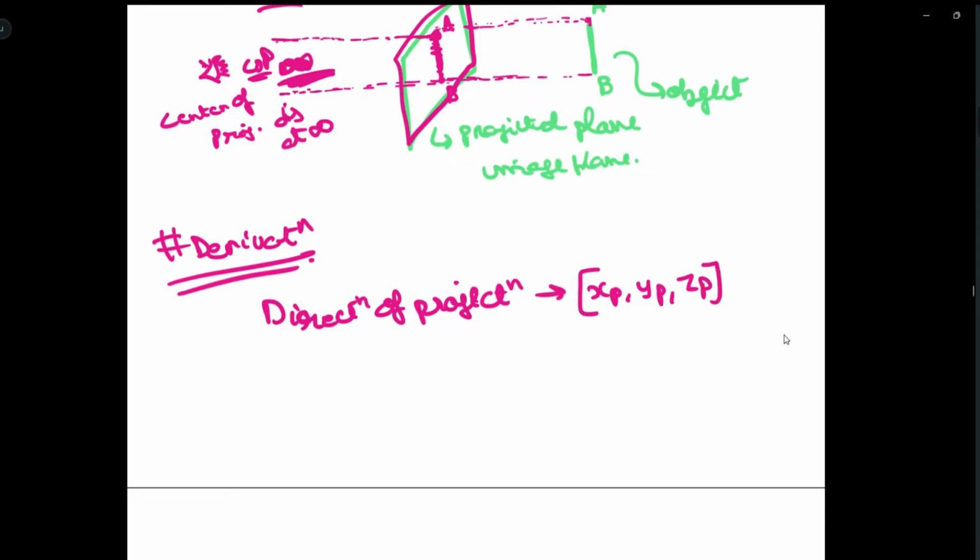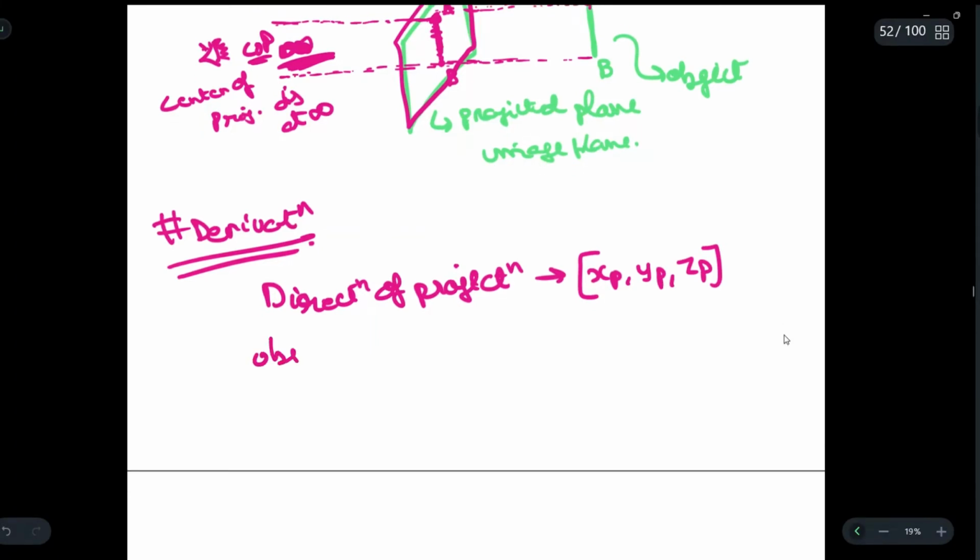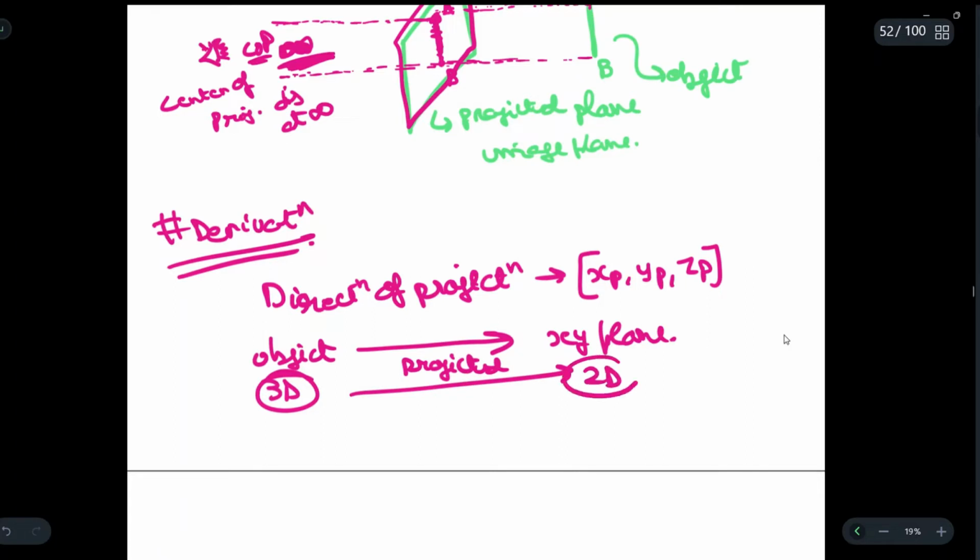Now the object is to be projected onto the xy plane, that is, on a 2D plane. This is a 3D object and we are projecting it on a 2D plane. As we learned earlier, projecting an n-dimensional body into n-1 dimensions is known as projection, so that is what we are doing over here.